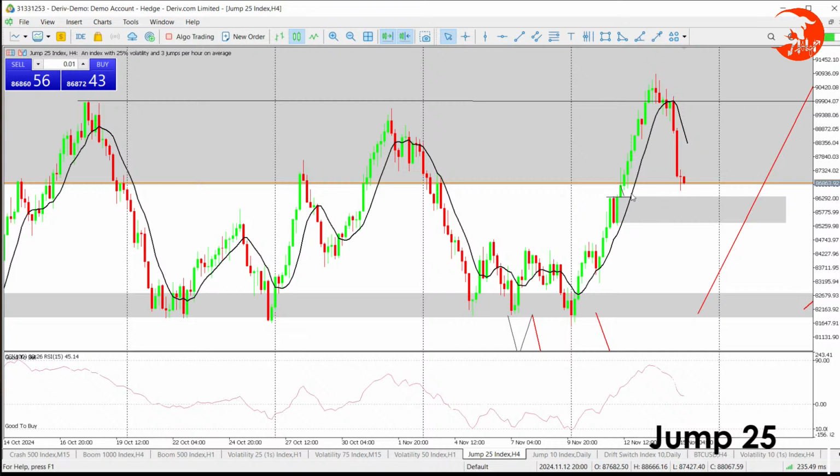And now we know that we are anticipating this move to reach here and then come back to this fair value gap, which is an imbalance in the market there, and then later on continue to sell. That's what we'll be looking at for now.